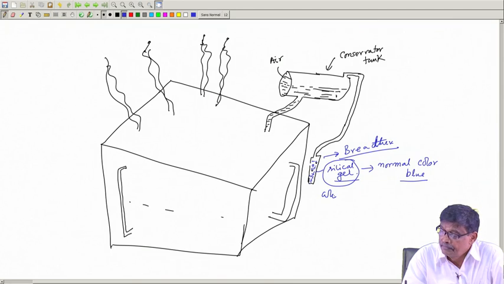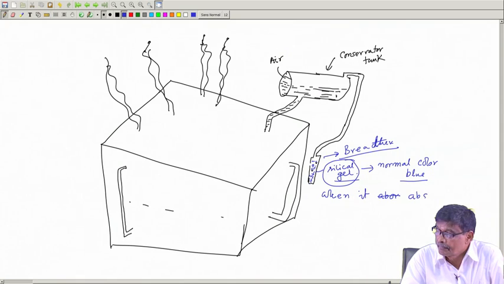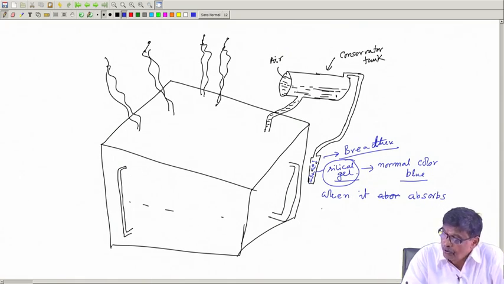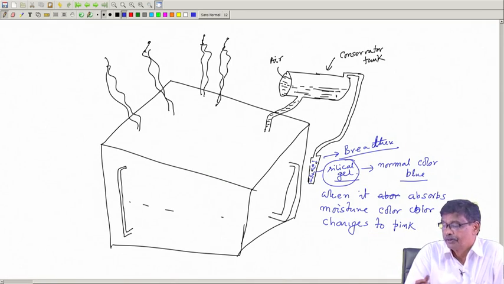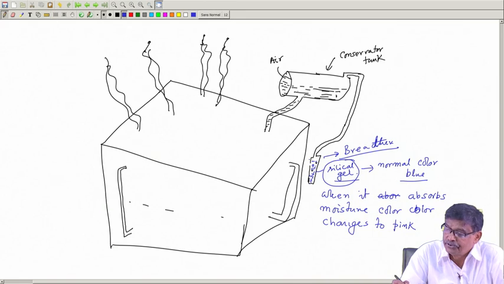When it absorbs moisture, the color changes to pink, and of course, no moisture is allowed here, it will go up.